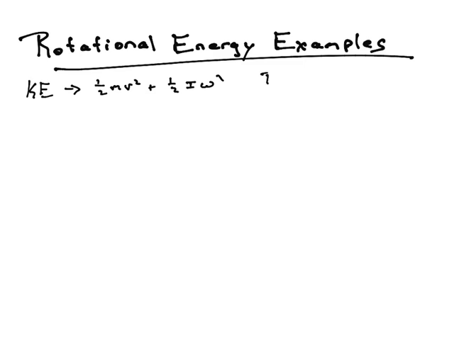Of course, we still have the same types of potential energy, mgh and 1/2 kx squared, depending on what's in the problem.